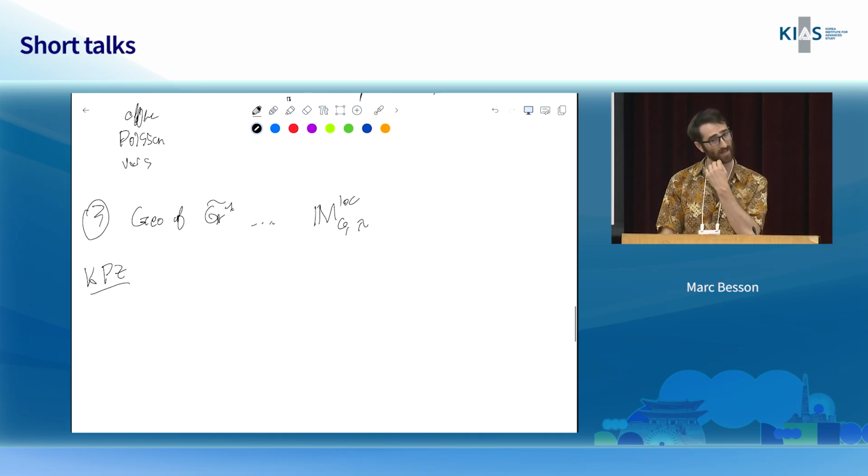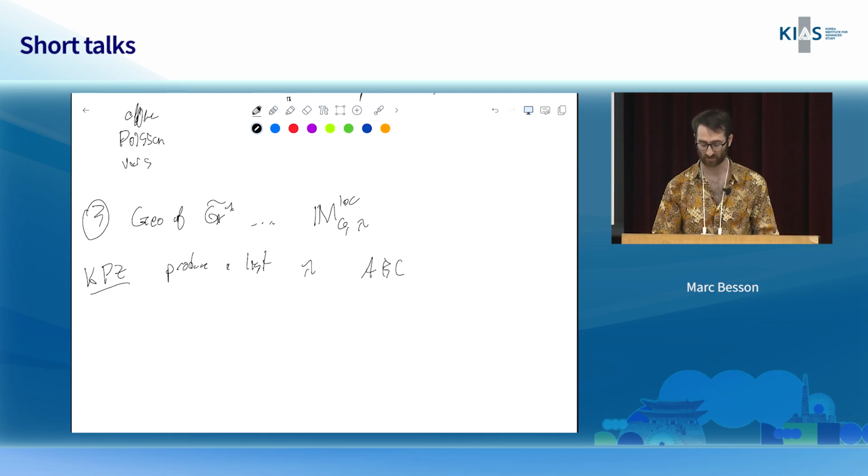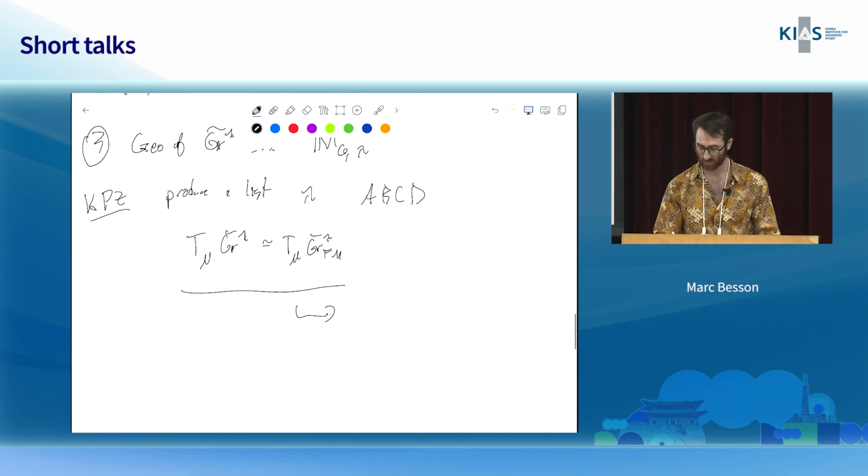What they do is they produce a list of lambda in classical types A, B, C, D, such that the tangent space at all mu of the Schubert variety is equal to the tangent space at mu of the Schubert scheme. And they use this to prove things about the geometry of the local models.